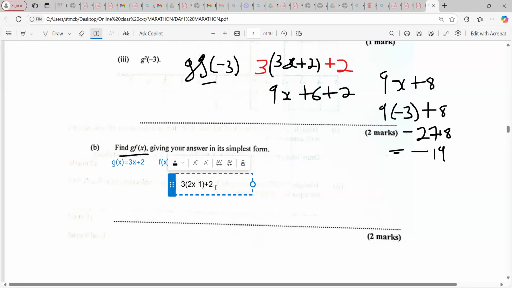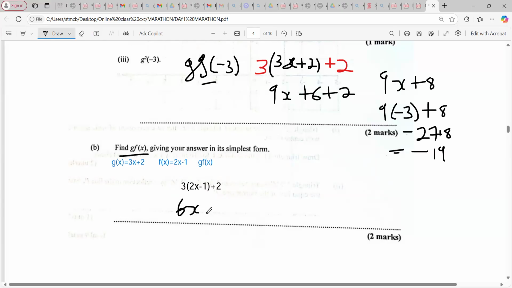So we have to expand the bracket now. 3 times 2x gives us 6x. 3 times negative 1 gives us minus 3. And then we put plus 2. One is negative and one is positive, so we have to subtract. So this will work out to minus 1 because the 3 is bigger. Once the signs are different, we subtract. That would get you 2 marks for that.